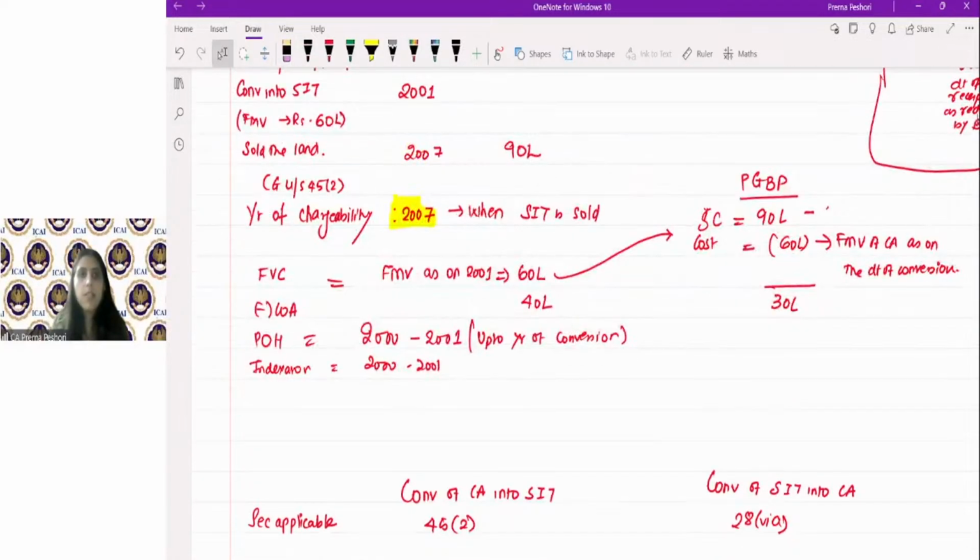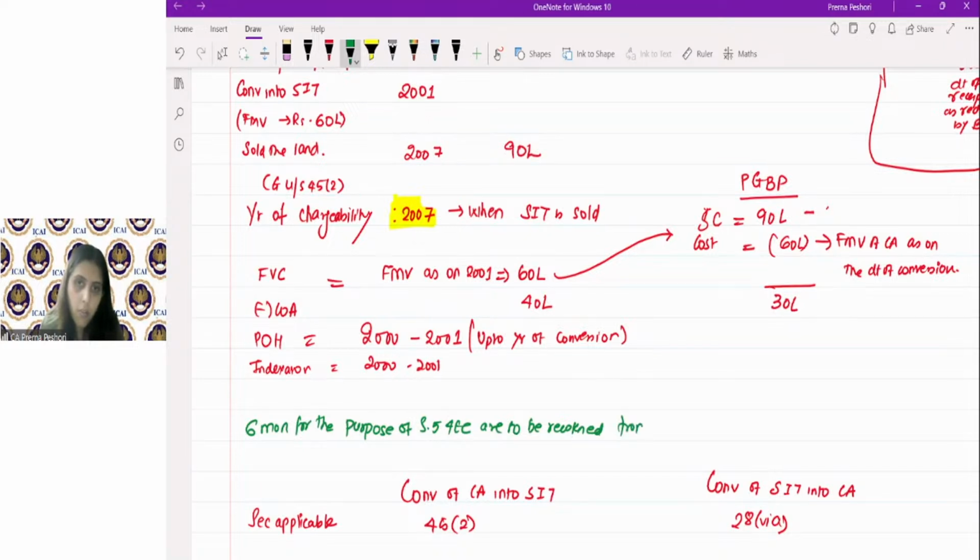Here you can write a point. 54 EC available from, or you can write in this way: six months for the purpose of 54 EC are to be reckoned from date of sale of stock in trade. CBDT circular. Okay.